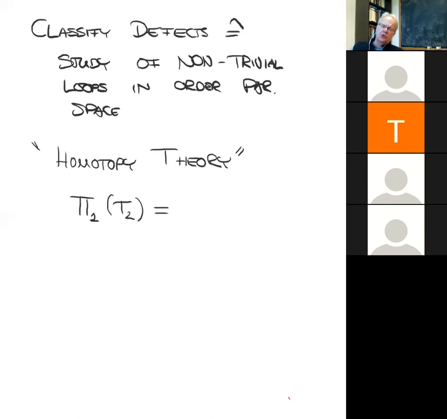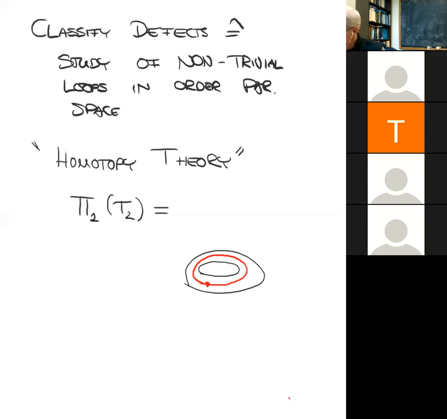In the case of a torus and of loops, we have some intuition as to what the non-trivial loops are, because if I draw that torus, okay, we know that certainly we can make a non-trivial loop by going around, okay? But we can, of course, go around more than once.